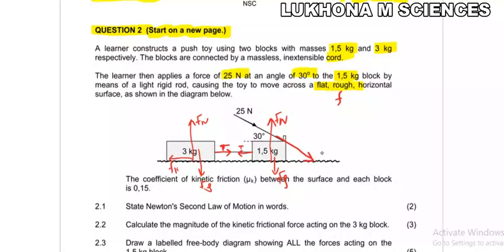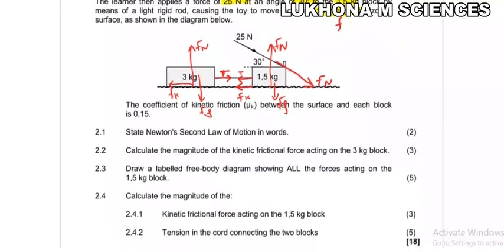This force is downwards, in this direction. So that is the force that is applied. We also have the friction here, Fk. This is the first thing that you need to do, draw the free body diagrams.